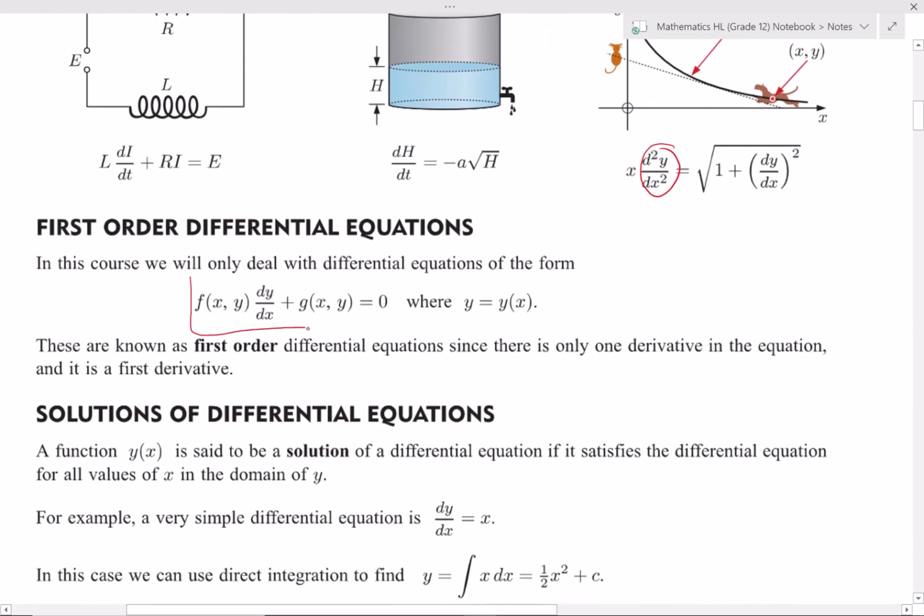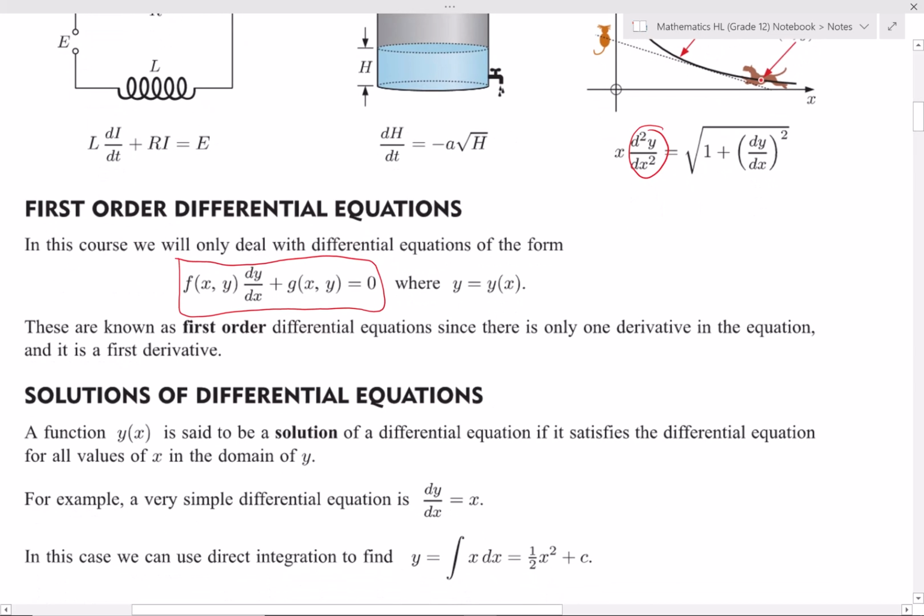This is the general form they're going to give you for differential equations, and it may look really weird, so let me give you an example. When you see f of x,y, that just means there's some function that has x's and y's in it. So f of x,y might be x plus 2y.